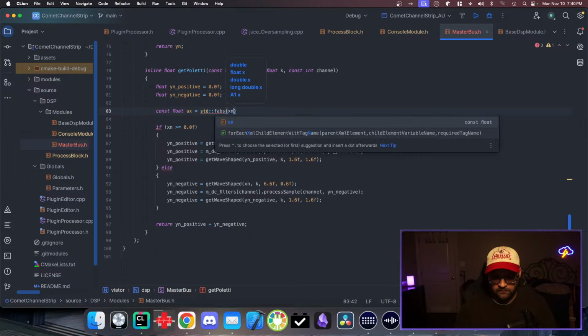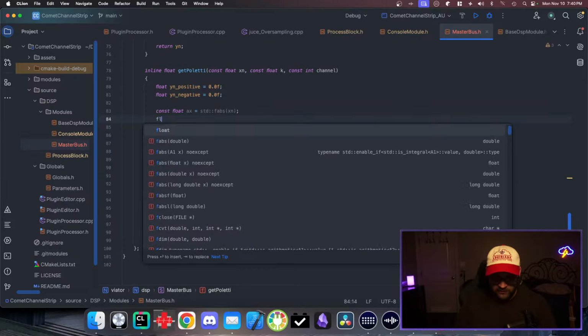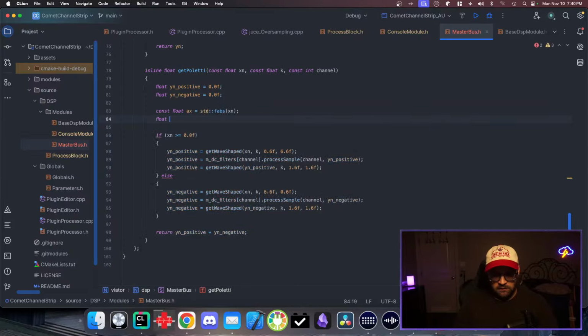Yes. Okay. Then what we could do is just a little math trick to get our signal. So we'll say not const, probably just do regular float. What should I call it? I guess xn.